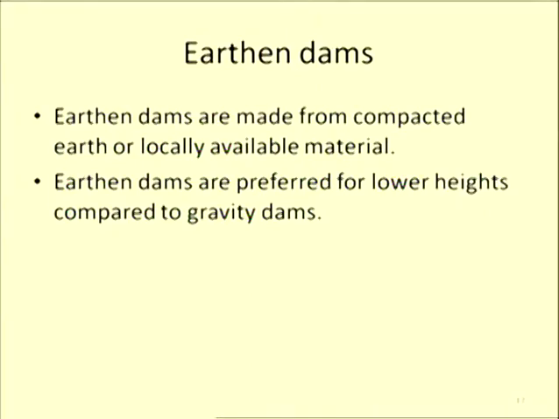When dams are to be 15, 20, or 50 meters, but not 100, 150, 200, 250 meters. For high dams, we need to select a gravity dam. But for lower heights, earthen dams are economical, as local material can be used.